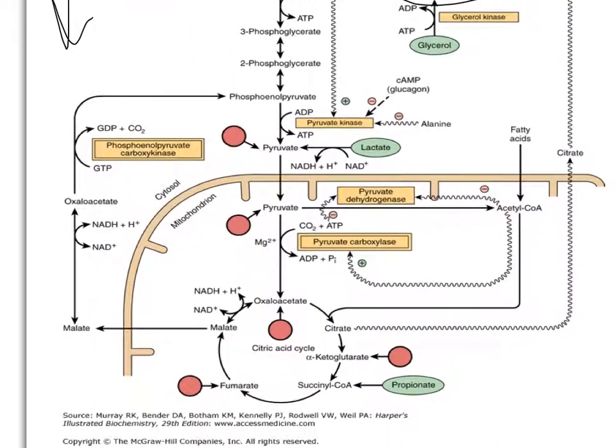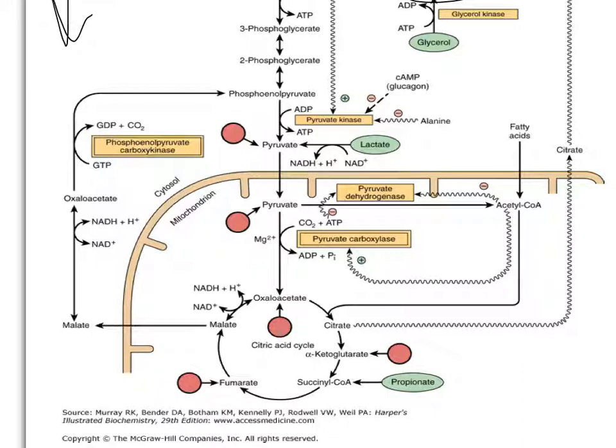And then the phosphoenolpyruvate is converted into pyruvate. That's done by pyruvate kinase, and pyruvate kinase is another irreversible step in this downward ladder. So now we've had 3 irreversible steps from glucose to pyruvate.